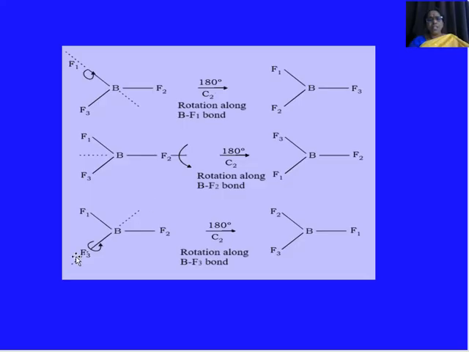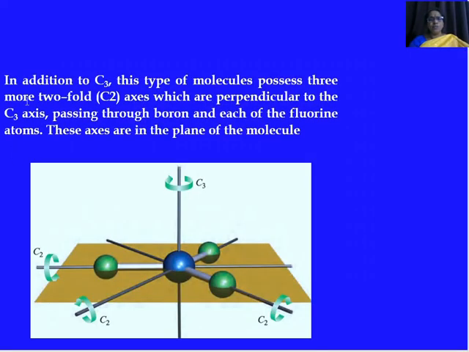Similarly, for a line passing through boron and F3, if we rotate 180 degrees, these two will interchange, and we get an equivalent configuration. As we conclude, in addition to the C3 axis in BF3 passing through boron, this type of planar molecule possesses 3 more twofold C2 axes which are perpendicular to the C3 axis, each passing through boron and one of the fluorine atoms. These are in the plane of the molecule.